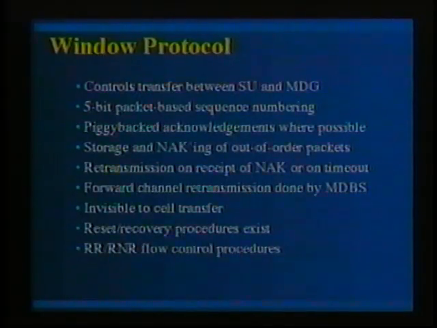The endpoints for this windowing protocol are the subscriber unit and the MDG, not the MDBS. Each packet in each direction which is subject to this control is given a sequence number which is 5 bits wide. And in order to reduce the network overhead, we try and piggyback acknowledgements where possible. You don't have to acknowledge every packet.